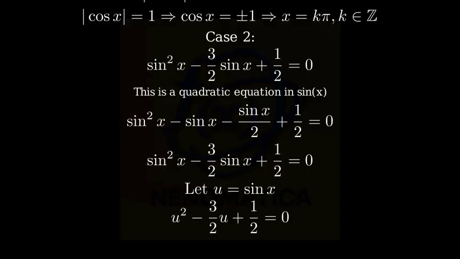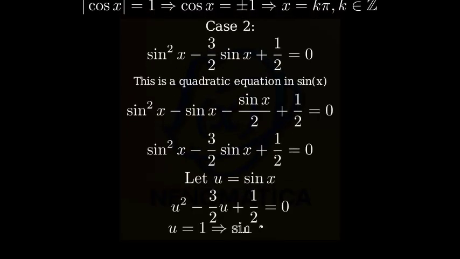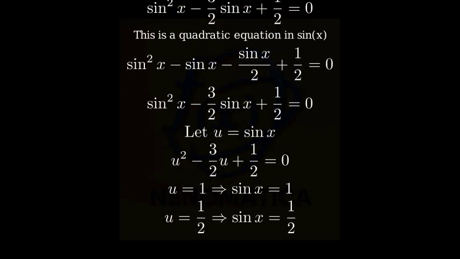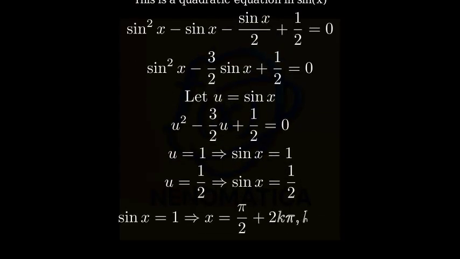We can solve this using the quadratic formula, but I can see from the original image that it directly shows the solutions. One solution is u equals 1, which means sine x equals 1. The other solution is u equals 1/2, which means sine x equals 1/2. When sine x equals 1, we get x equals pi over 2 plus 2k pi, where k is an integer.